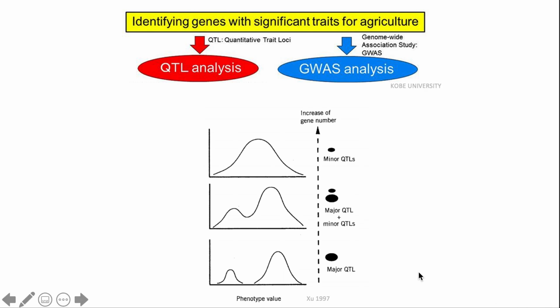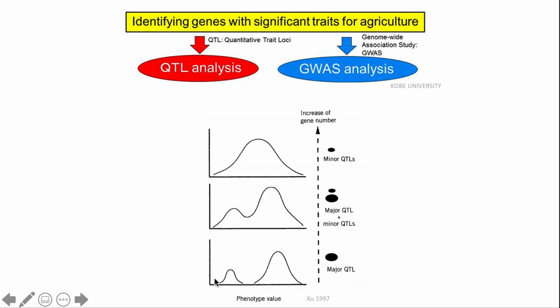And as you can see here, there are different kinds of phenotypes that are controlled by different kinds of QTLs. We have some phenotypes that are controlled by major QTLs, and in those phenotypes we can see two different groups of phenotypes.